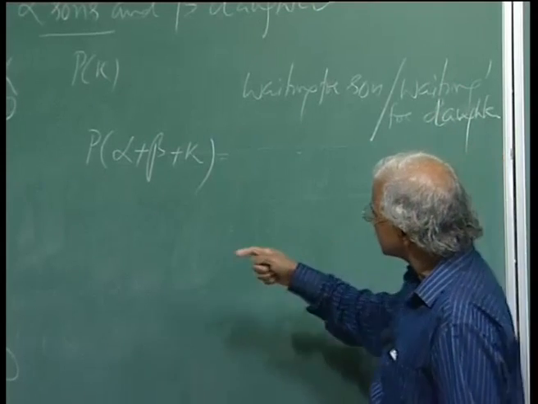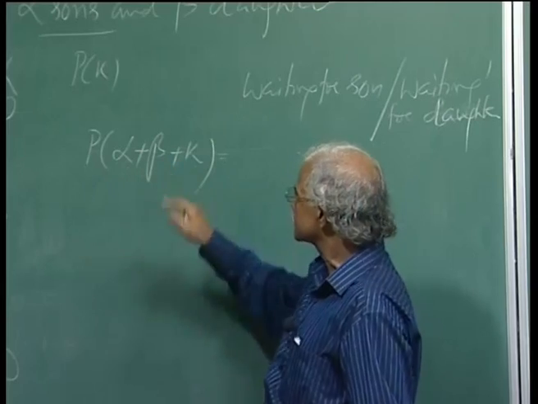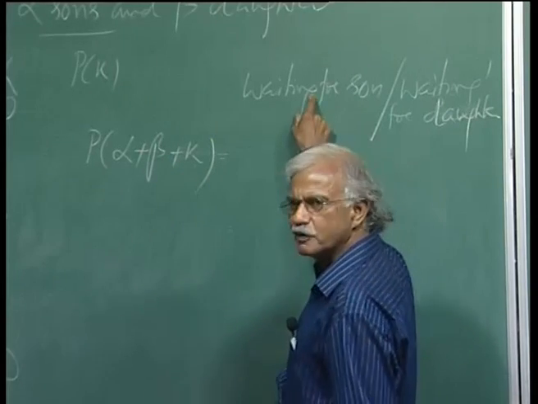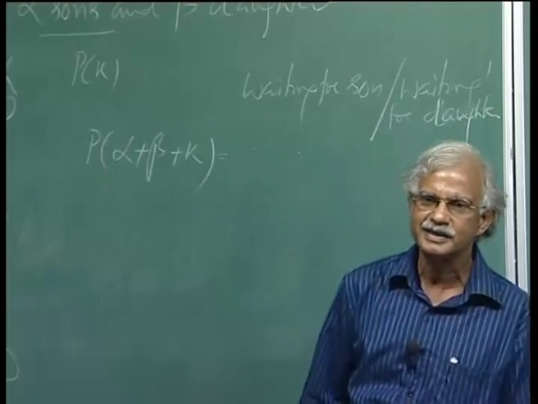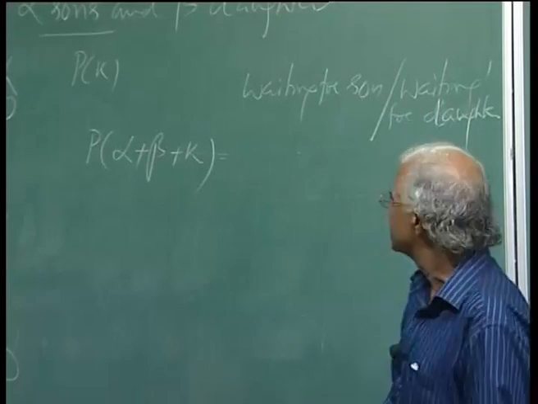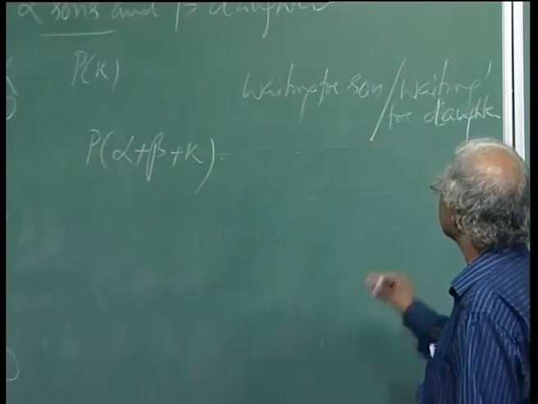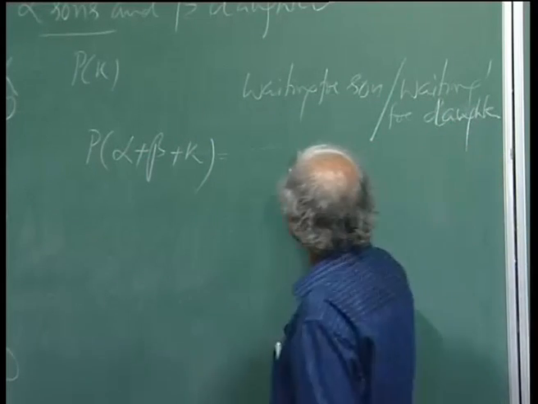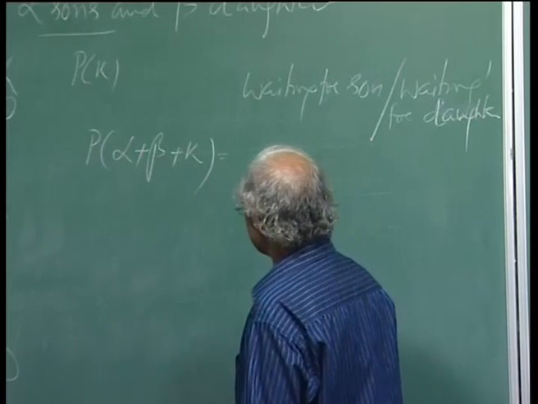And the probability that couples will stop after alpha plus beta plus k would be this probability plus this probability, because these are mutually exclusive events. One cannot be waiting for both son and daughter. A couple is either waiting for a son or waiting for a daughter. What is the probability that the couple is waiting for a son?